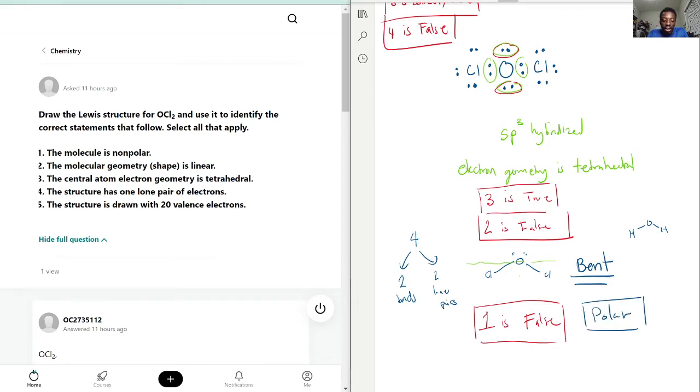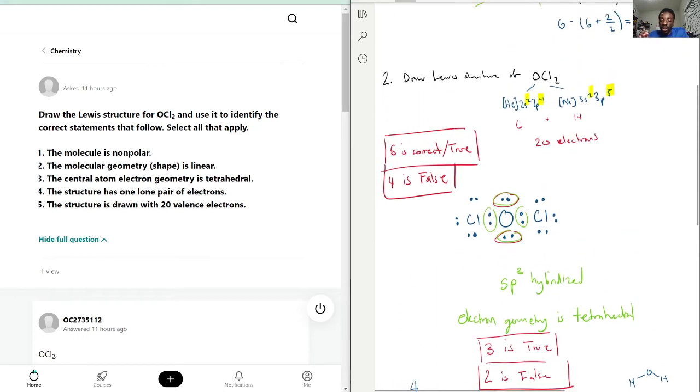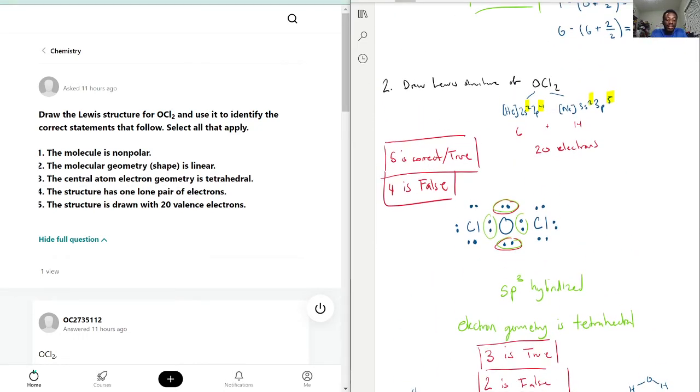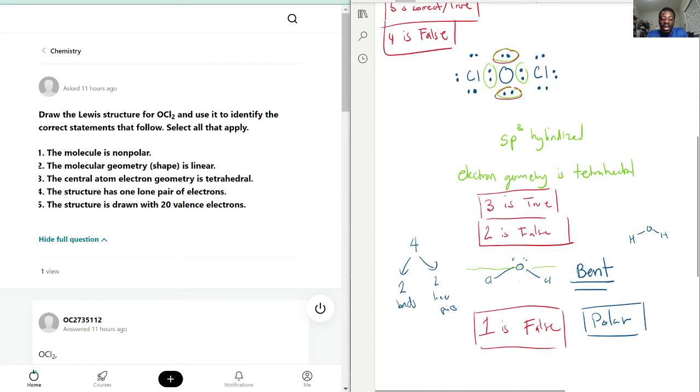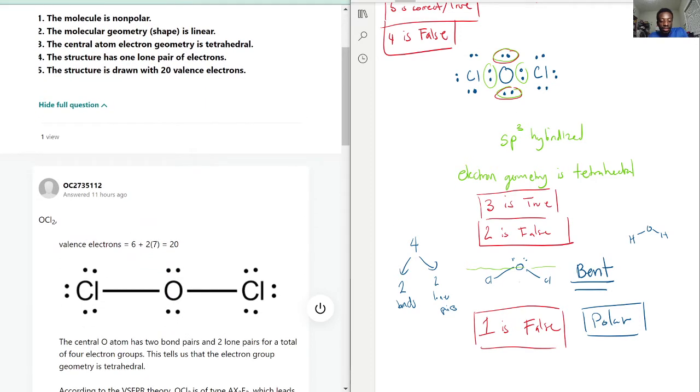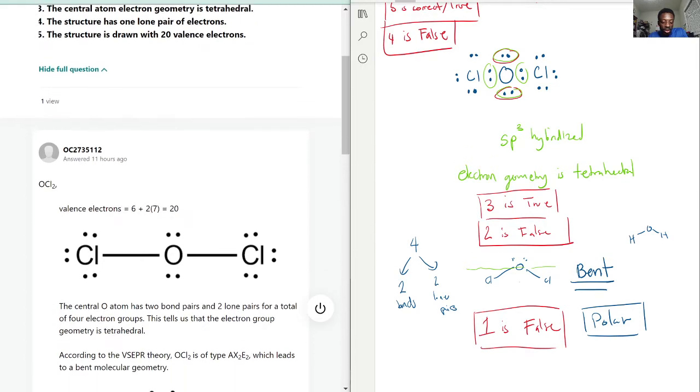All right, so that's how I would go through this question. As you can see, we kind of went from a bottom up process because we had the 20 valence electrons. We saw how many lone pairs, we saw the hybridization, and then we found its molecular geometry, allowing us to then figure out its polarity. So with that being said, they do have the picture in terms of the Lewis structure.